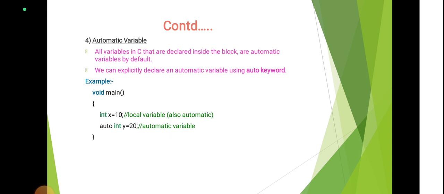We can explicitly declare an automatic variable using the auto keyword. For example, in void main, int x equal to 10. This is a local variable, also automatic by default. Second variable: auto int y. This is also an automatic variable.